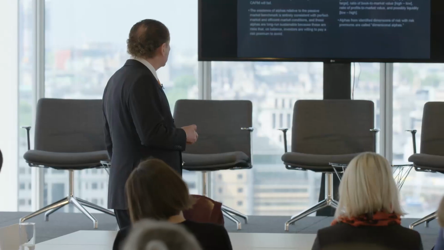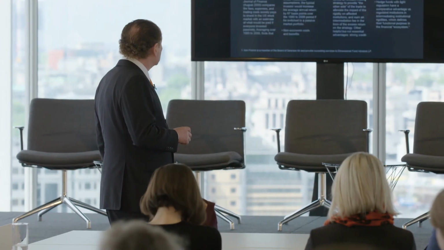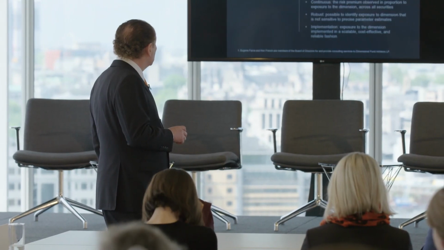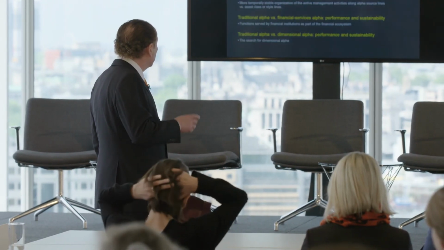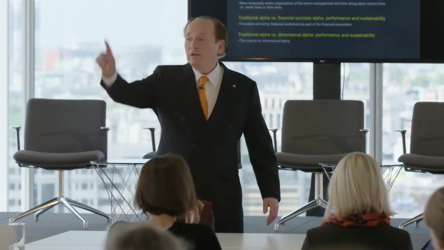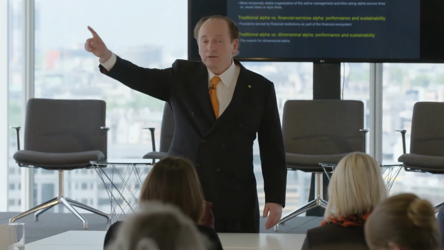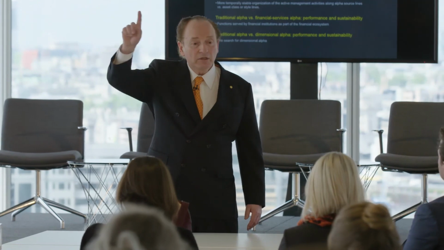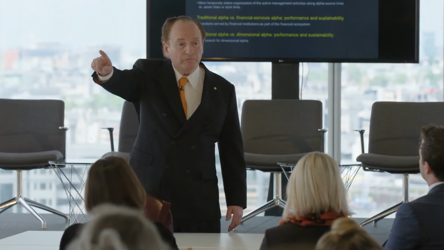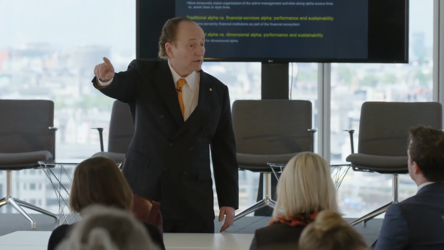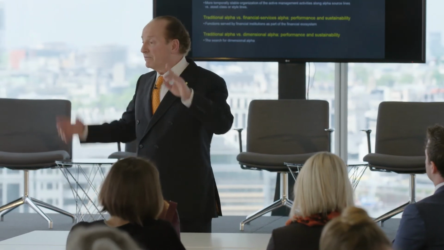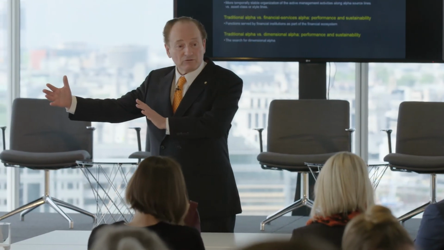Okay, so let me go back to the last slide. Number one, this sourcing can help you to identify future alphas. If it's dimensional, then you want to look at those elements.